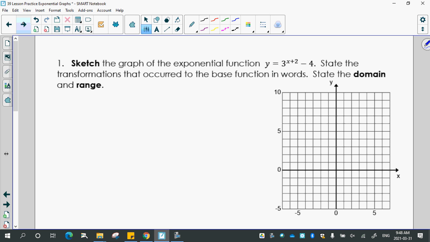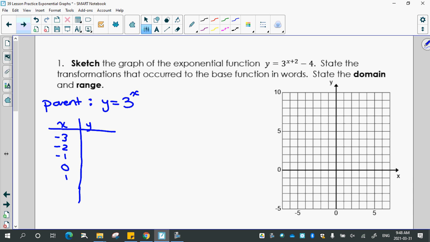Okay. First step was to figure out what the base for the parent function is. So what's going to be our parent function? We have y equals 3 to the x. That's what you make your table of values for. And you usually always use -3 to +3 for your x values.